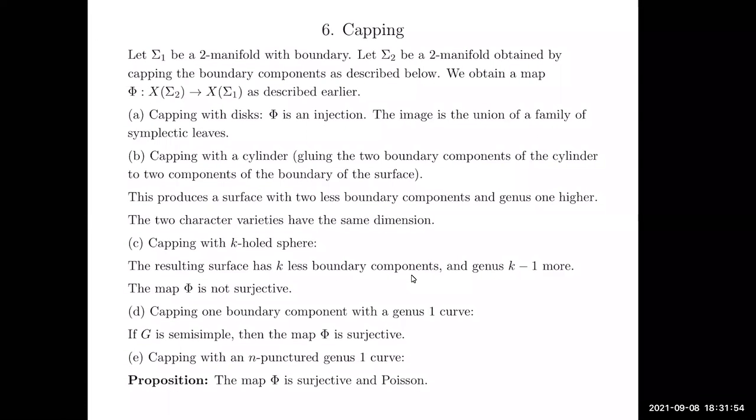Third case, capping with a multiple-holed sphere. The resulting surface has fewer boundary components and the genus also increases. In that case, the map phi is not surjective in the case where k is bigger than or equal to 3.